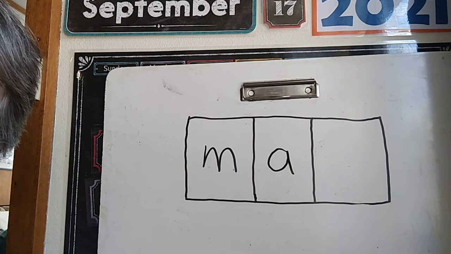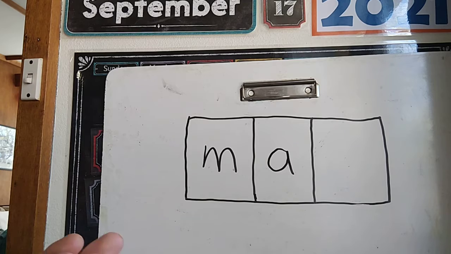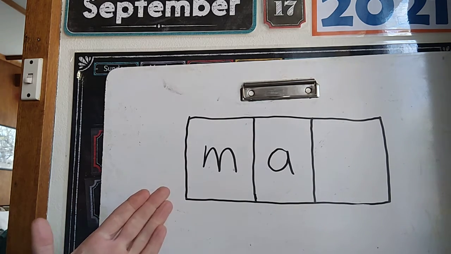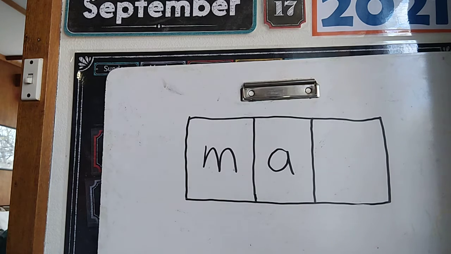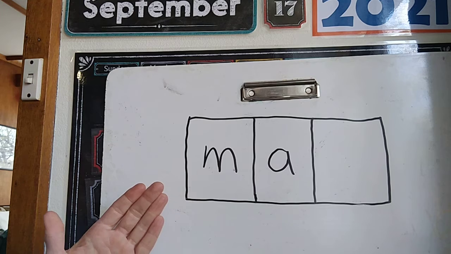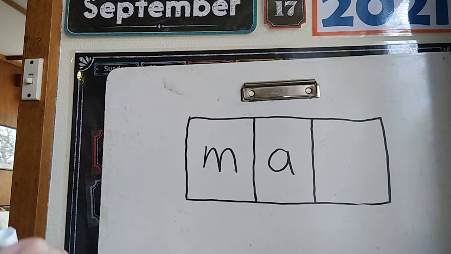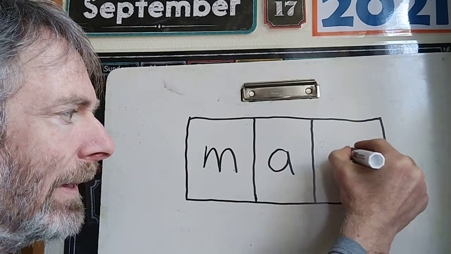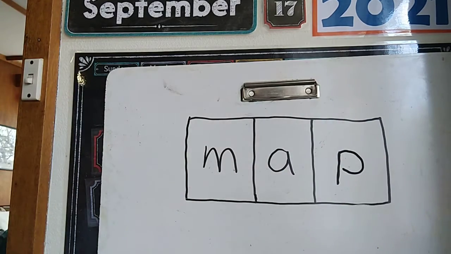The final sound. This one should be an easy one, right? At the end. Are you ready? Map. Oh, I heard it. All right. What letter represents the p sound? It is a P. You are right.